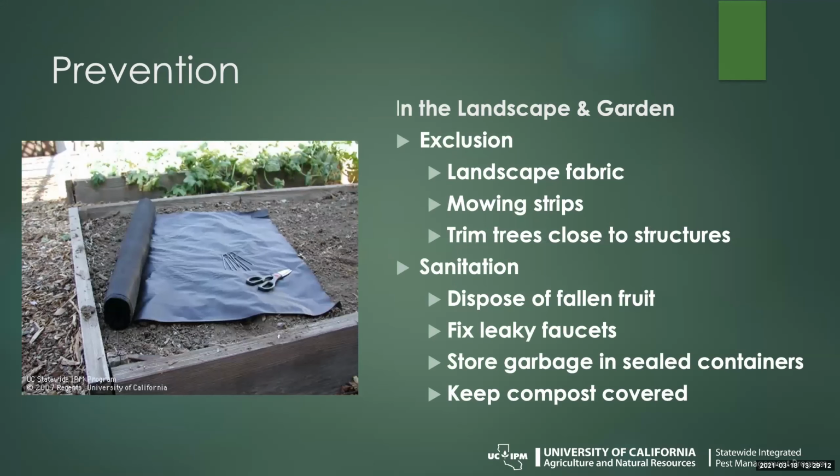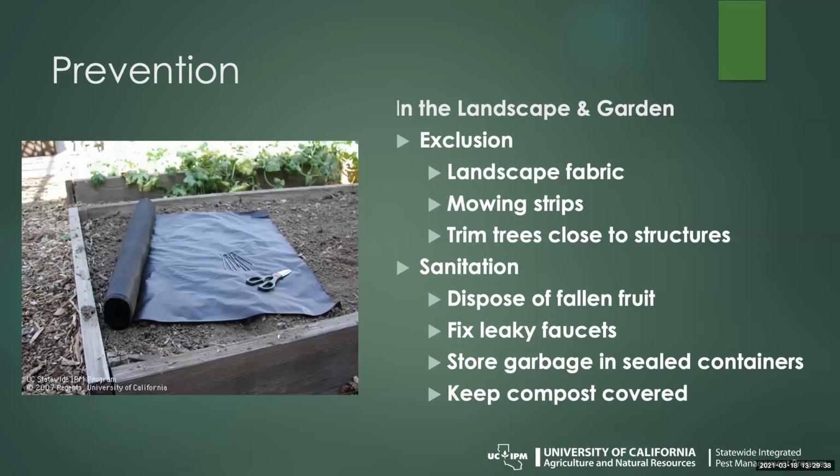In the landscape and garden, you can do prevention as well. You can exclude weeds by putting down a landscape fabric. You can install what we call mowing strips, which are physical barriers to keep some weeds that creep from one area to another, not allowing those weeds to move.